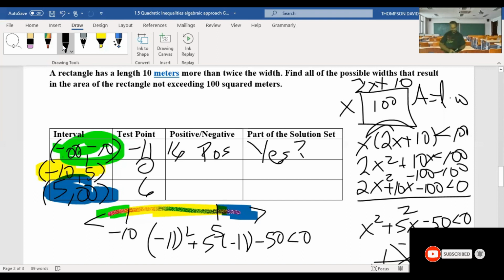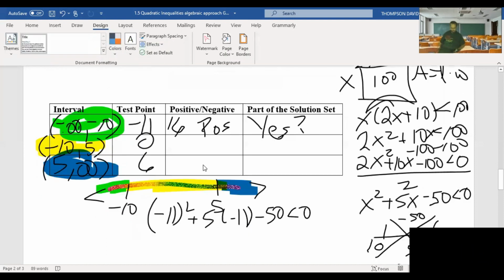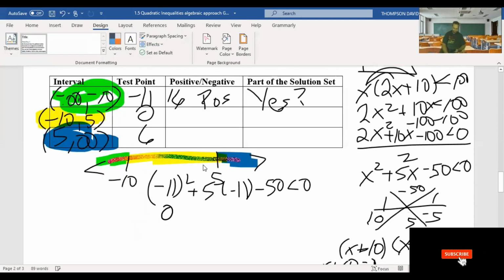And then we can plug in 0. So we have 0 squared plus 5 times 0 minus 50. And we want to see if that's less than 0. That gives me negative 50.